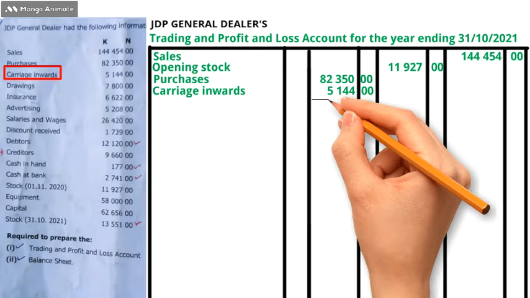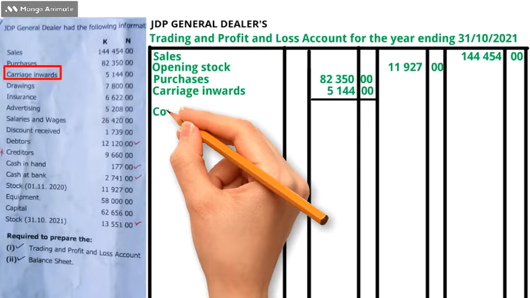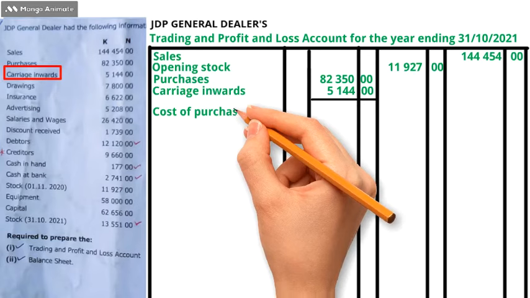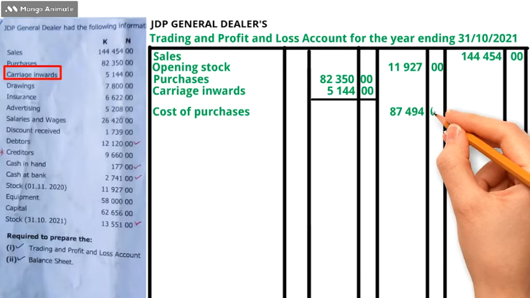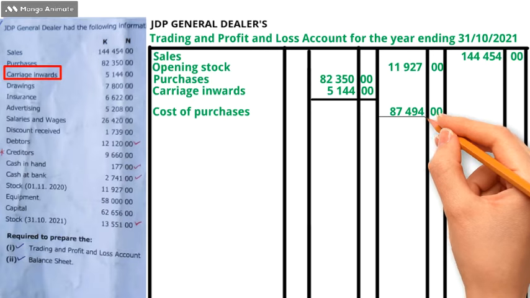We add 82,350 plus 5,144, which will give us 87,494.